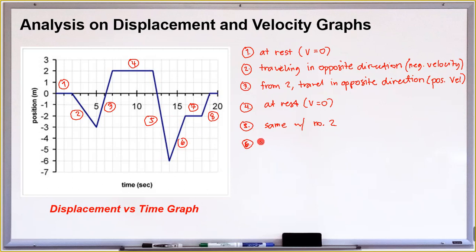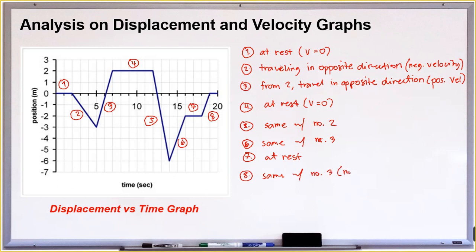Number 6 is the same as number 3, with positive velocity. For 7, it is at rest again.